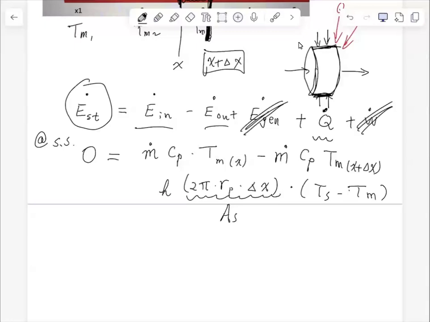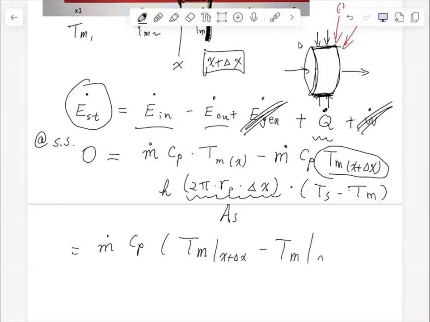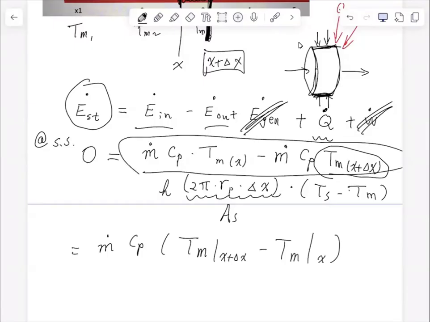All right, so here we can rewrite it. That equals to m Cp, and then I'm going to make sure that it's the second T minus the first T, the mean temperature at X plus delta X minus the mean temperature at X. So I swap the order of these two items, so I have a minus sign here.